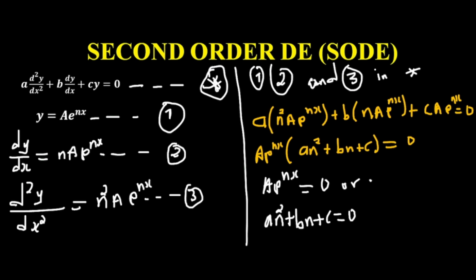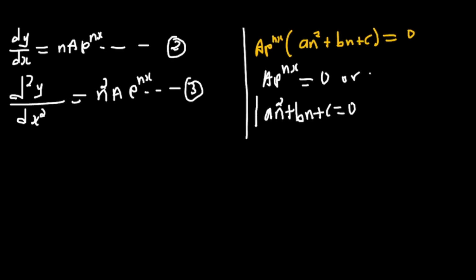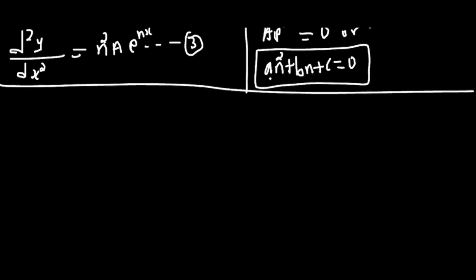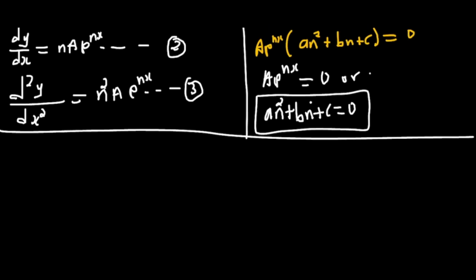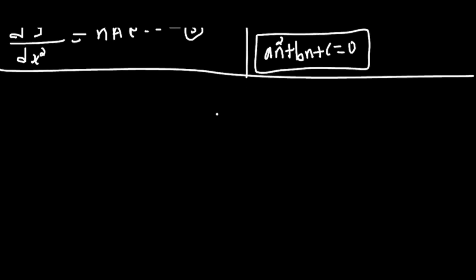So this is not possible, or we have this. So here we have a quadratic, and we know that there are 3 possible types of solutions of this quadratic. So normally this is called the characteristic equation of the second order differential equation, and the solution of this differential equation will depend on the roots of this characteristic equation.